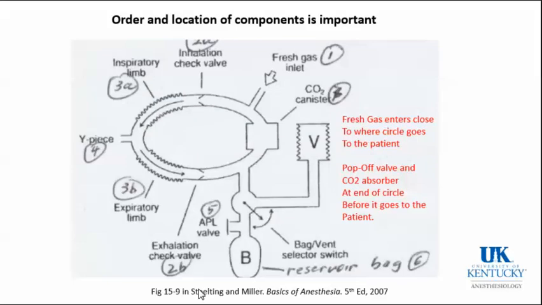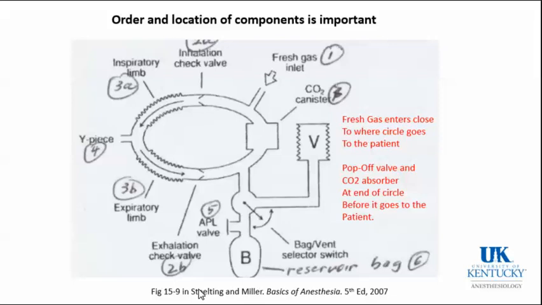So this is a diagram of the circuit. Again, the 3 valves: the inspiratory valve, expiratory valve, and pop-off valve. The CO2 absorber, the breathing bag, and the fresh gas inlet.